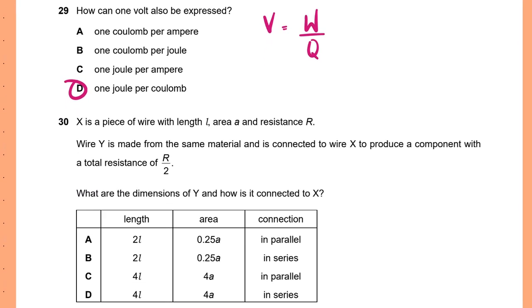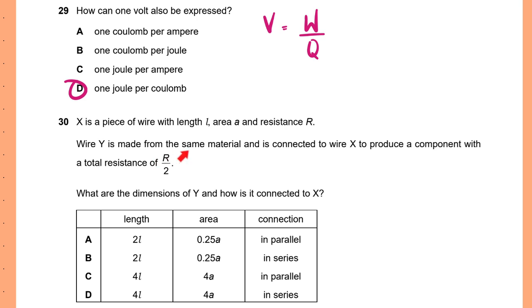30, X is a piece of wire with length L, area A, resistance R. Wire Y is made from the same material and is connected to wire X to produce a component with a total resistance of R by 2. What are the dimensions of Y and how is it connected?